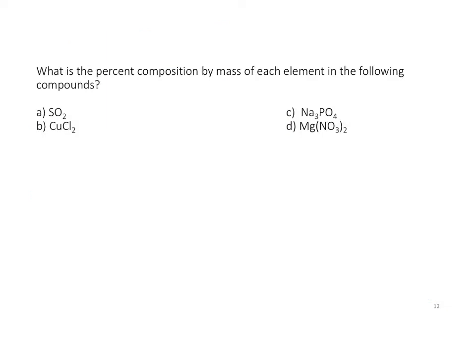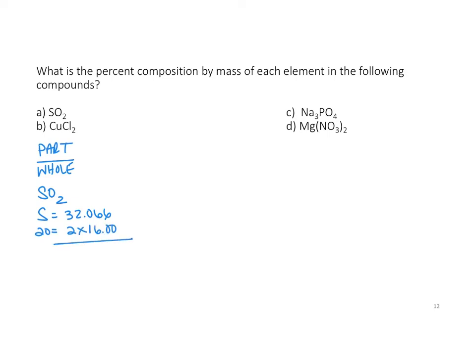What is the percent composition by mass of each element in the following compounds? So how do you do that? Well, you have to take the part over the whole. So let's do the whole sulfur dioxide. So you have 1 sulfur, 32.066. You have 2 oxygen, 2 times 16.00.